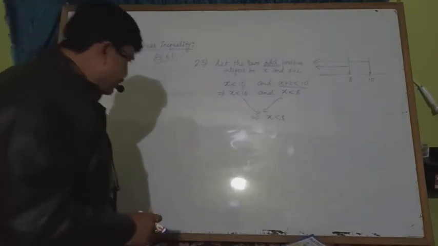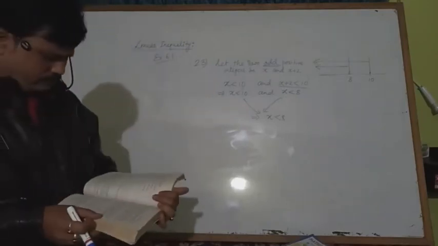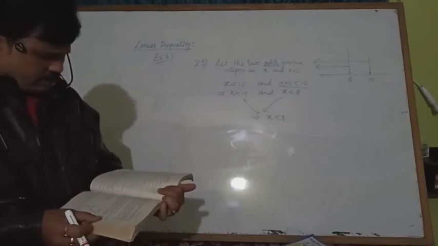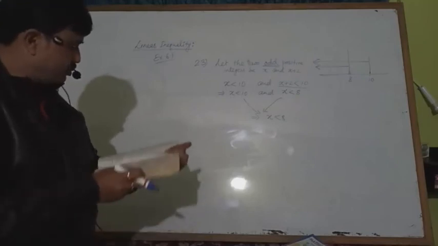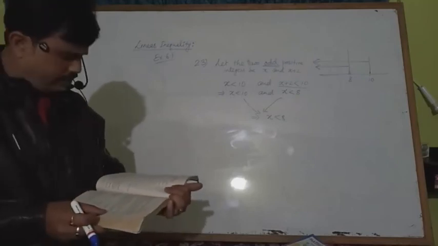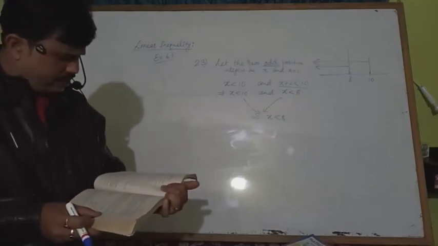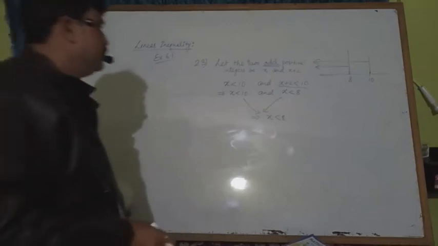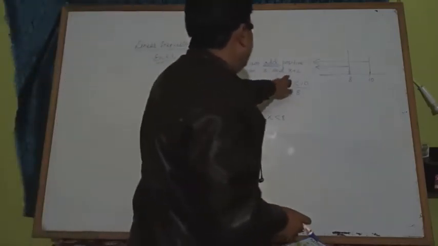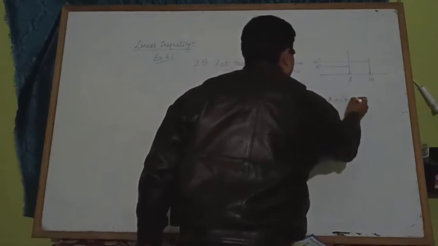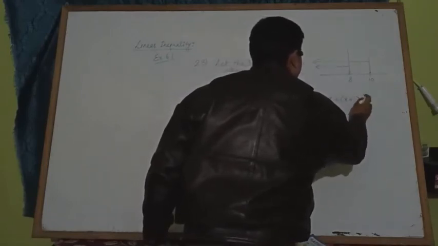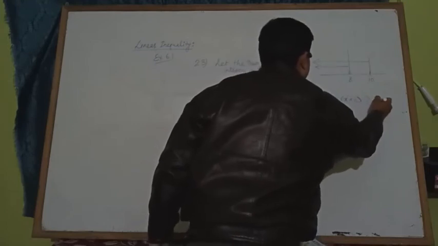Now second, it is given in the question, both of which are smaller than 10, that we have already used, and their sum is more than 11. The sum of these two numbers is more than 11.